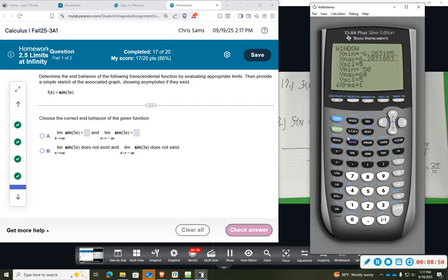This is a regular function, pi over 2. And then my y minimum, let's just say -2 to +2, and we'll count by 1s.